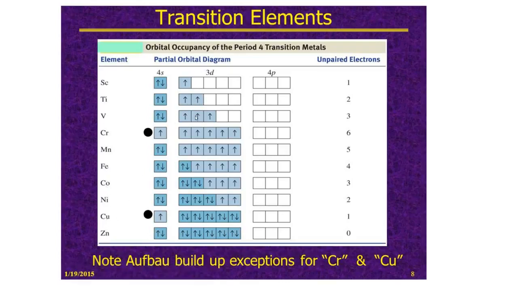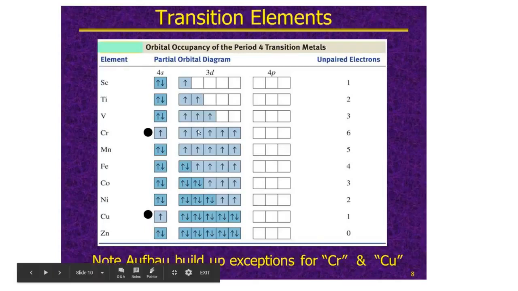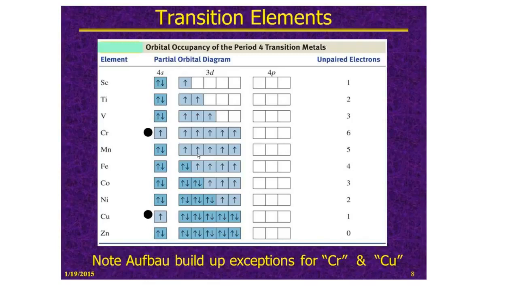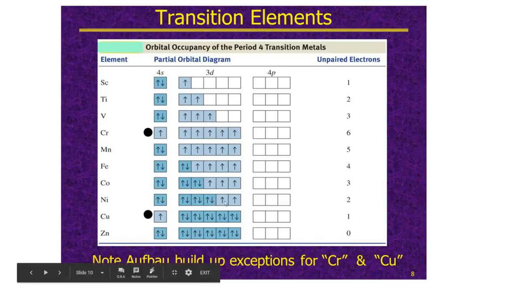It has incomplete d orbitals that are in the process of completion. That is why they show different variable oxidation states, and that is why they are also known as d block elements.